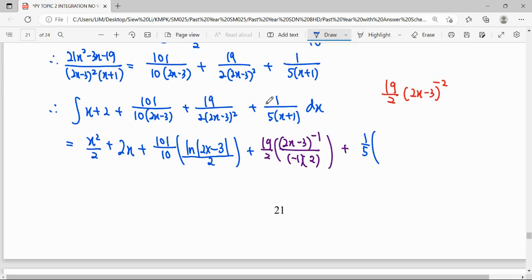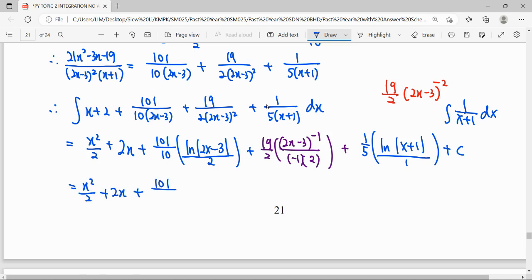Integrate 1 over x plus 1, so this will give you ln, divided by the coefficient of x, 1, plus c. Then we simplify this. So this will be negative 19 over 4. Then rewrite the negative power back to the denominator.